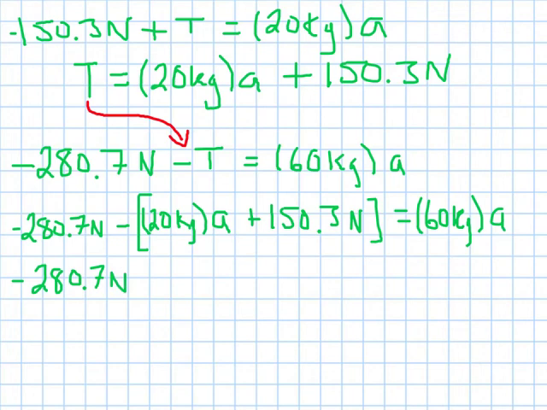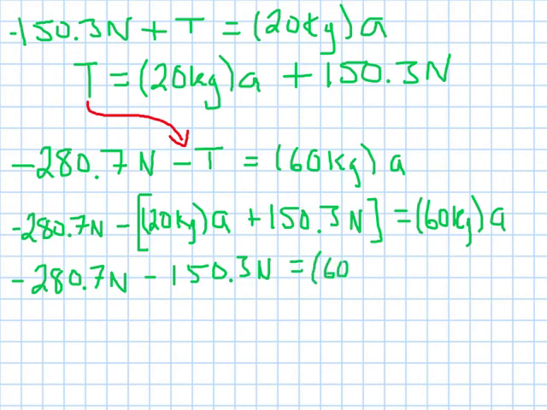And then from inside our substitution, I've got this 150.3 newtons, and it's going to be subtracted. So subtract 150.3 newtons. I am going to move this 20 kilograms times acceleration to the other side so that the accelerations will be on the same side of the equal sign and separated from things that don't have acceleration in them. Because of this negative sign out in front here, I'm going to add the 20 kilograms times acceleration to both sides.